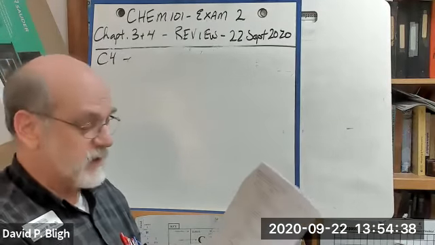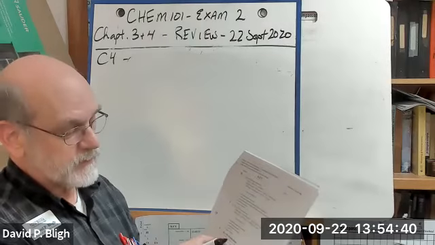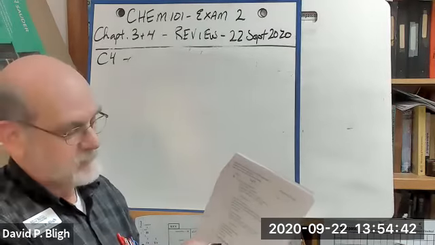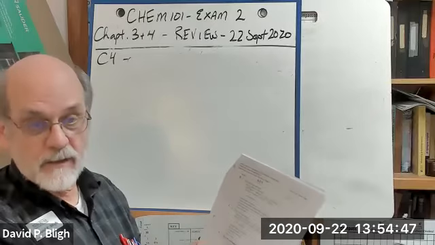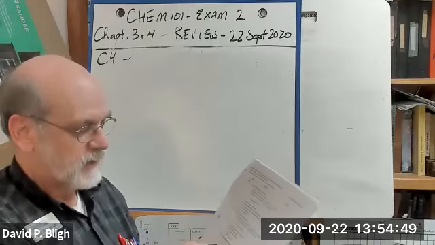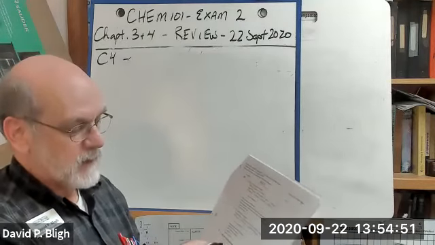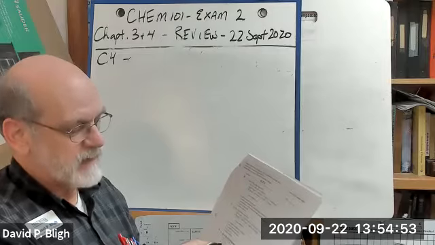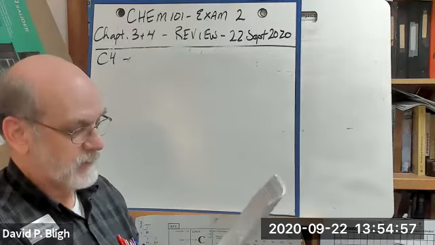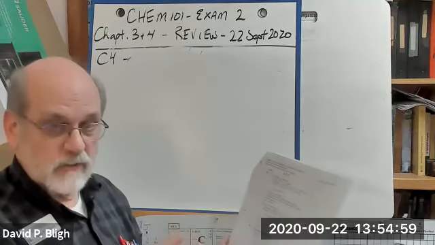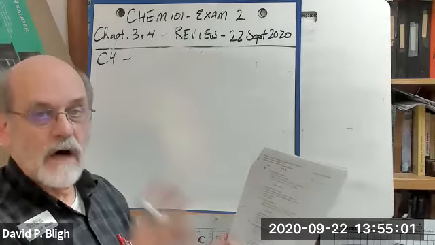And it's a good thing because the next one is a decomposition. Silver oxide yields silver and oxygen, compound to elements, oxidation reduction. And the last one is a combustion reaction. And all combustion reactions are oxidation reductions.